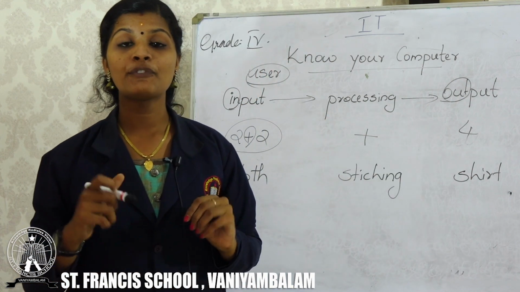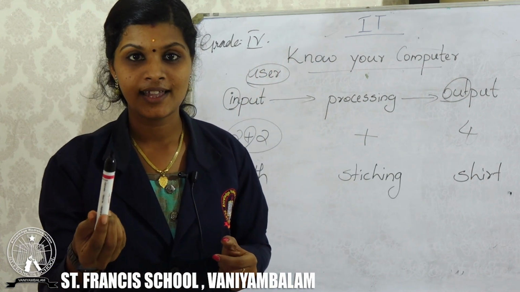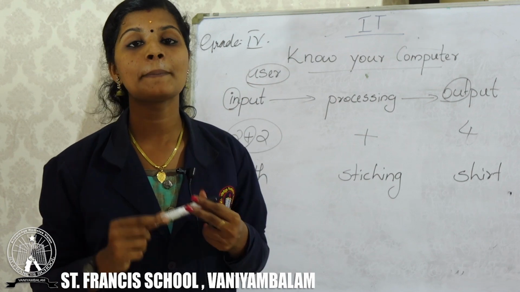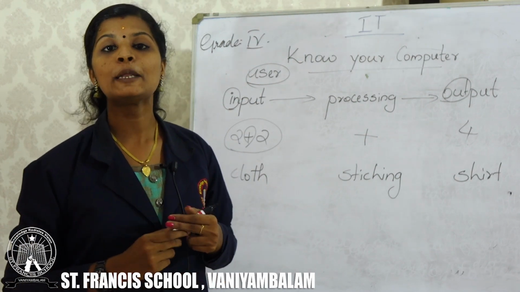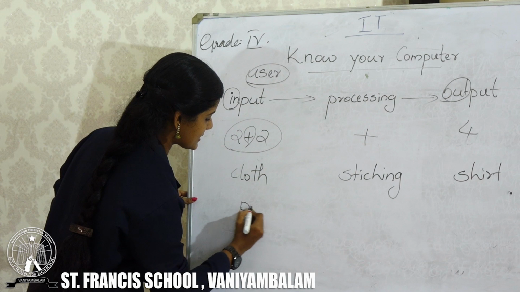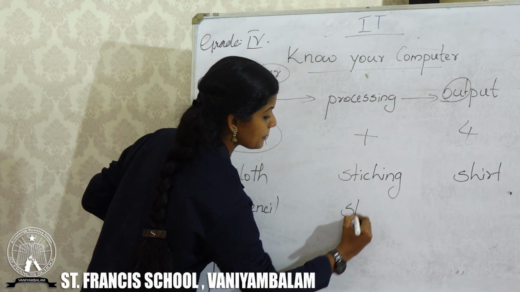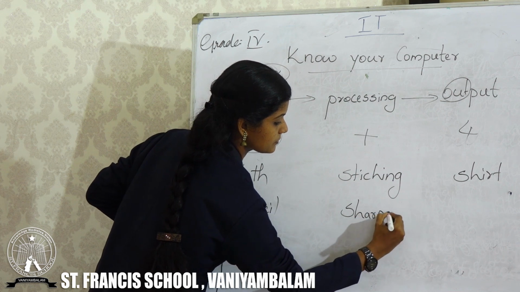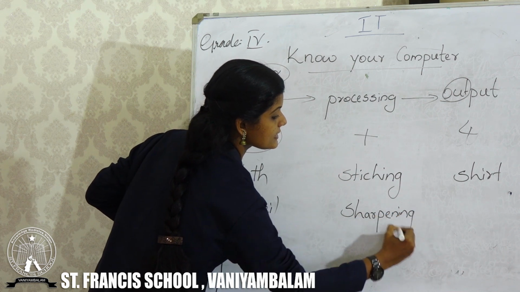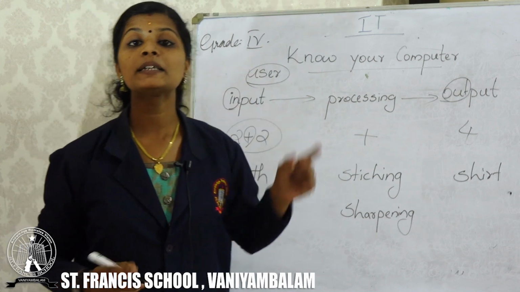Another example, if I am giving you a pencil and I want to get a sharpened pencil. What is the input here? Pencil. What is the processing done? Sharpening. And what is the output? A sharpened pencil.